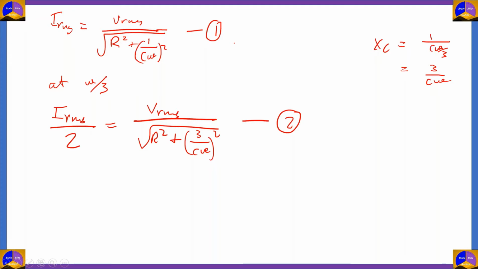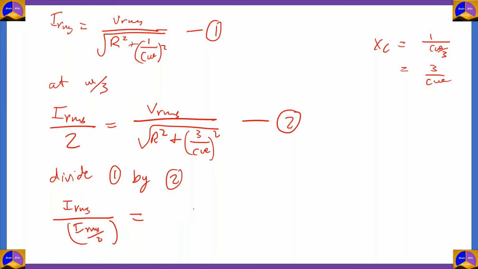The next thing that we do is divide both the equations. So divide equation 1 by equation 2. So therefore, it'll be IRMS divided by IRMS by 2.